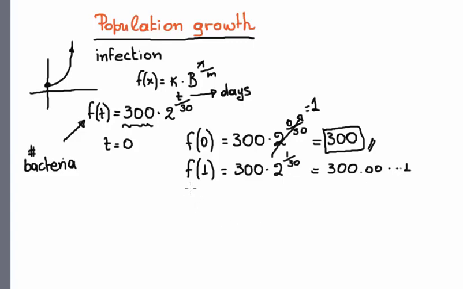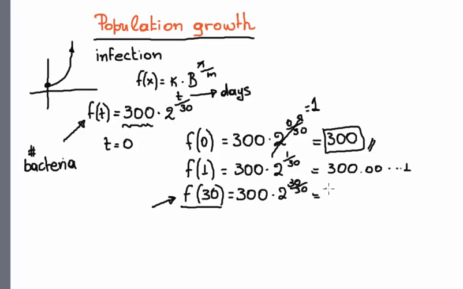What will happen though after, let's say, 2 days? After, let's say, 30 days? This means that we need to look at f of 30. f of 30 will give us the number of bacteria after 30 days. And this will be 300 times 2 to the 30 over 30, because this is the time divided by 30.